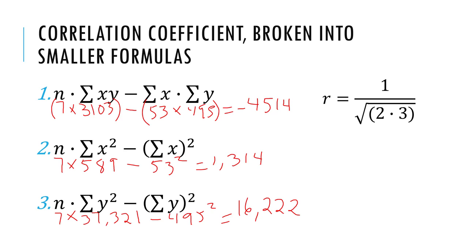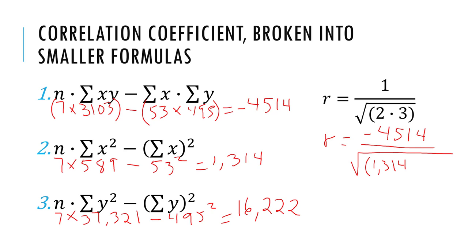So basically we're going to replace 1 with negative 4,514. Then we're going to divide by the square root of 1,314, that's 2, multiplied by 16,222.